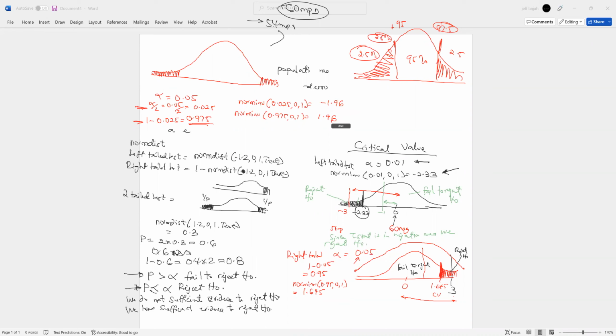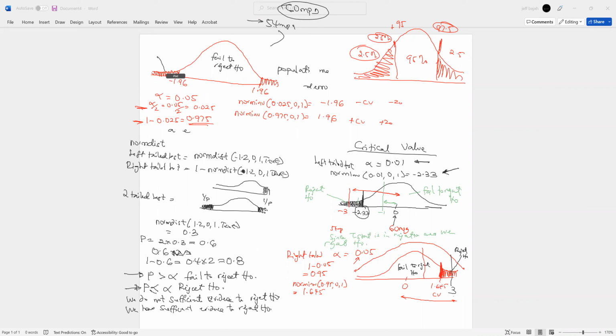One will just be negative, one will just be positive. And so you have a negative critical value and a positive critical value. Some books will say negative CV and positive CV, or some will say negative Z sub 0 and positive Z sub 0. It's the same concept. So here will be negative 1.96, and here will be positive 1.96. So those are the two extremes. What that means is if my test stat falls here, then we fail to reject H sub 0.